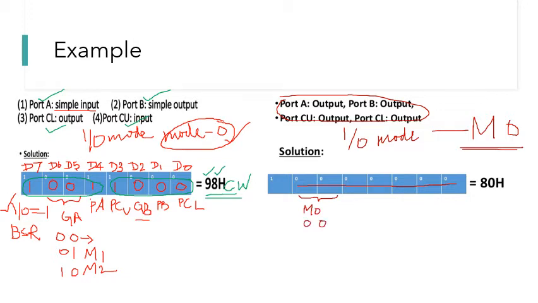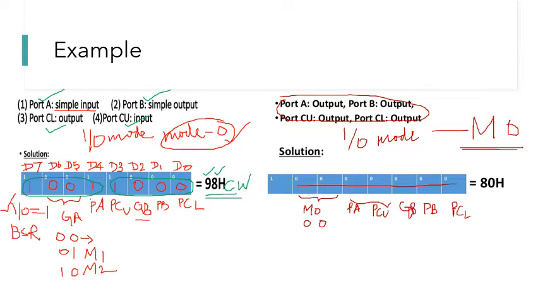All the other pins: D4 is for port A, D3 is for port C upper, this is for port C lower, this is for port B, and this is for group B mode selection.